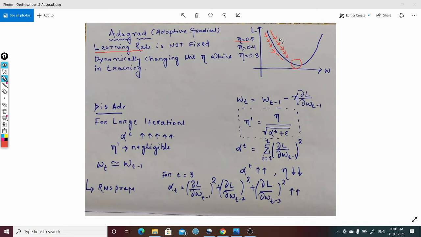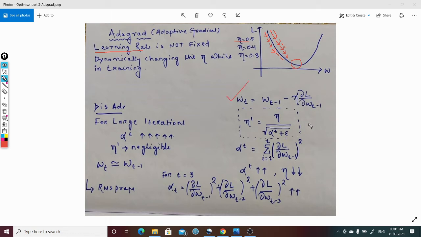When we are going near the global minima, we slow down the learning rate. So yes, this is faster. We can say this is a somewhat faster optimizer for weight optimization.